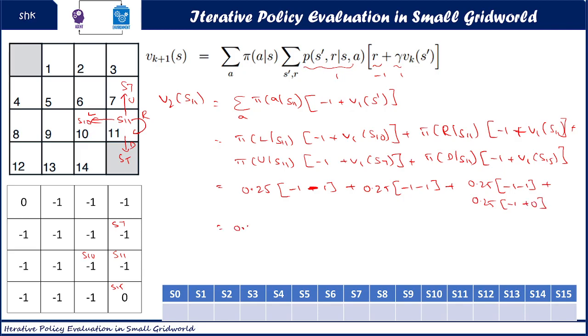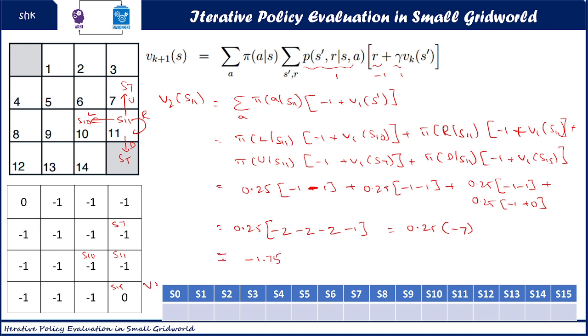Now take 0.25 as common factor: minus 2, minus 2, minus 2, minus 1, which gives 0.25 into minus 7. So 0.25 into minus 7 is equivalent to minus 1.75.